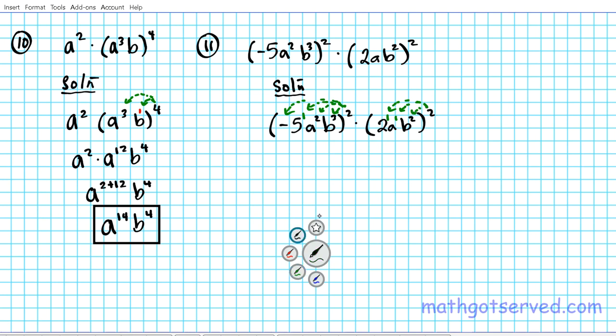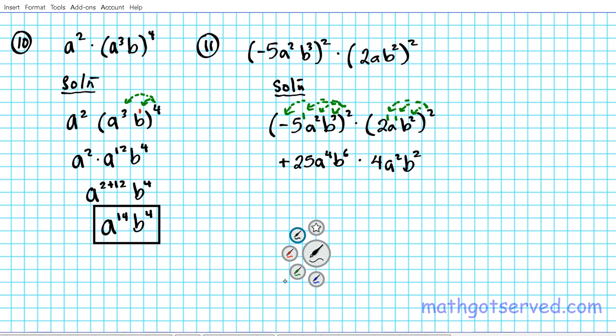When I carry out that multiplication, you're going to have negative raised to an even power, which is positive, so it's going to be positive 5 raised to the second power is 25. A raised to the 2 times 2 is 4. B raised to the 3 times 2 is 6. Okay? Times 2 raised to the second power, which is just 4. And then A raised to the second power, B raised to the second power.